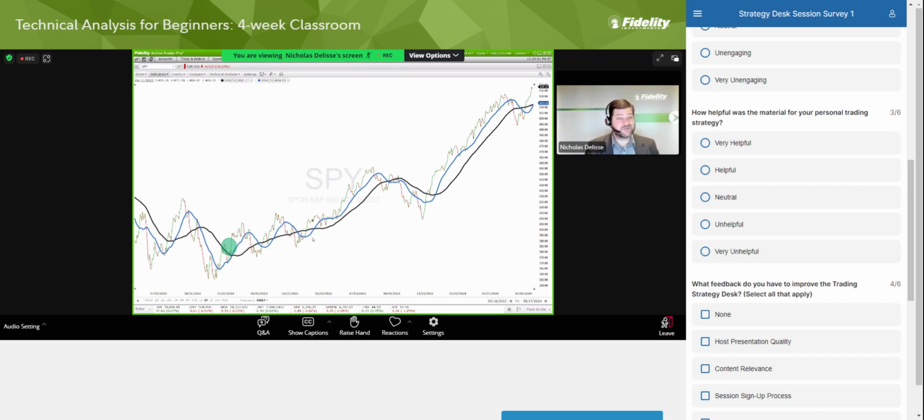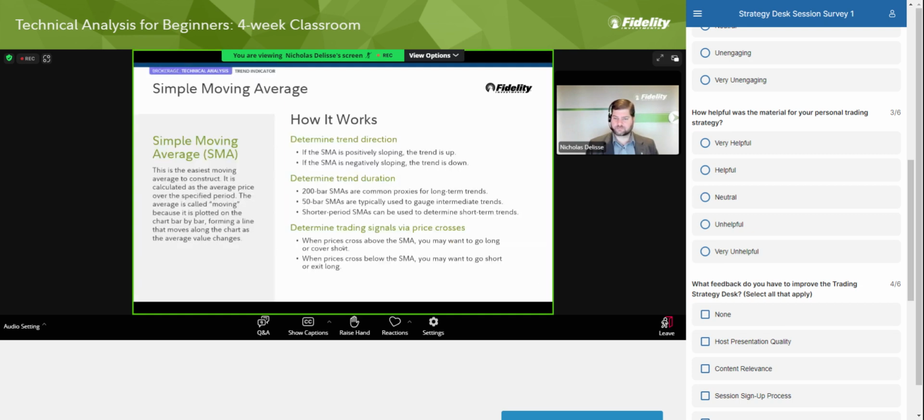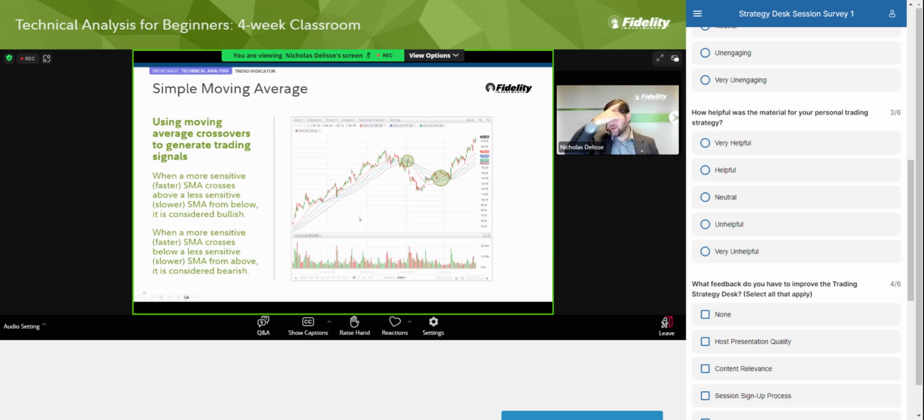You're going to get more signals, but you're going to get more potential whipsaws with this. So it's what this is all addressing. And then traders might use some sort of moving average crossover system as well.